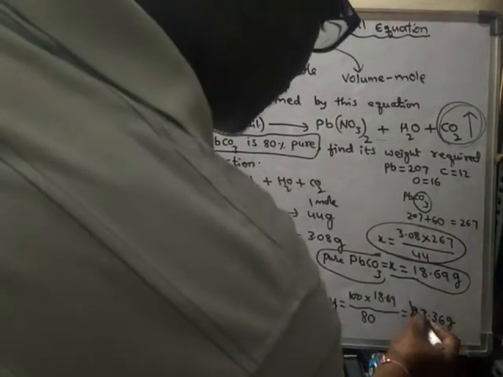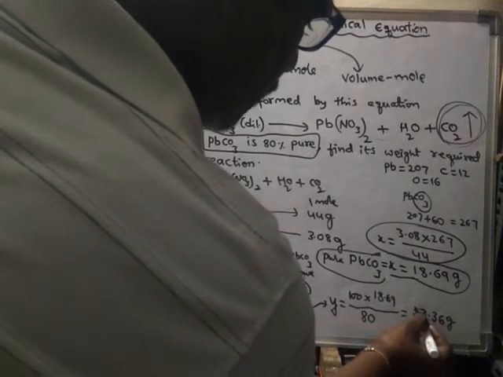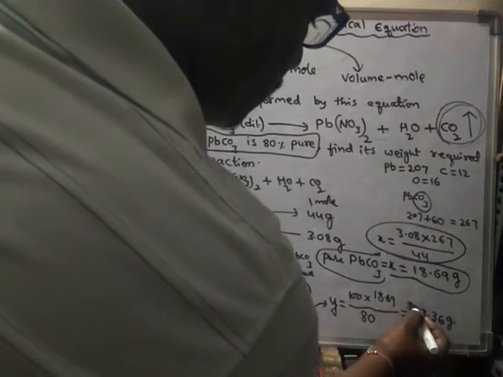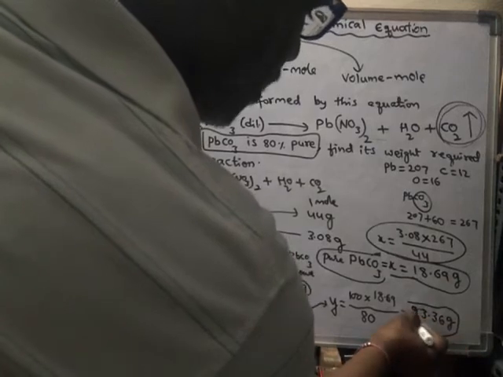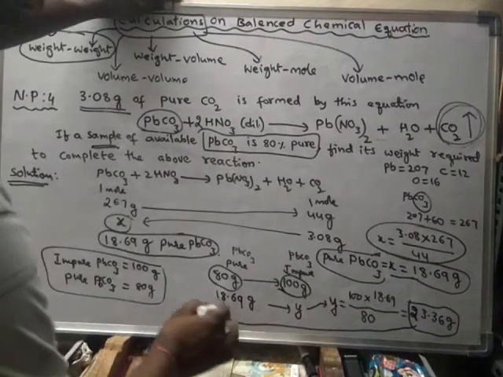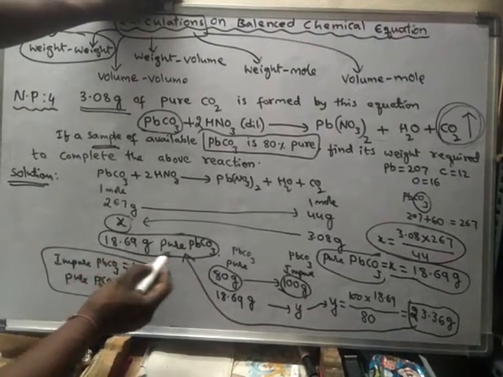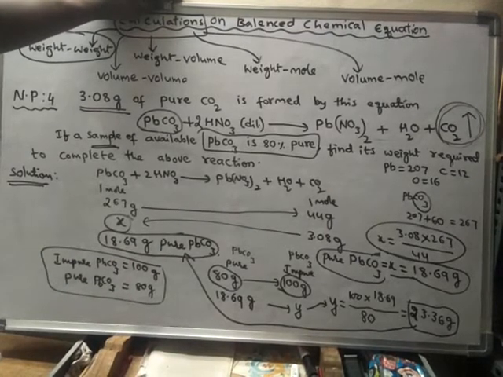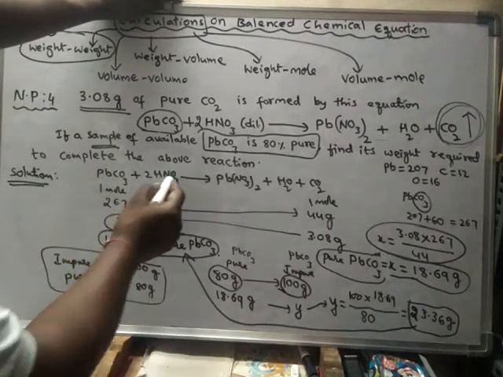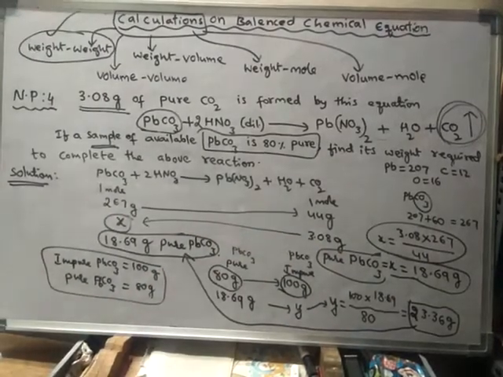We have to take 23.36 grams of impure lead carbonate, and from that we will get only 18.69 grams of pure lead carbonate, and if you make that react with nitric acid, you will get 3.08 grams of carbon dioxide. So that is the answer.